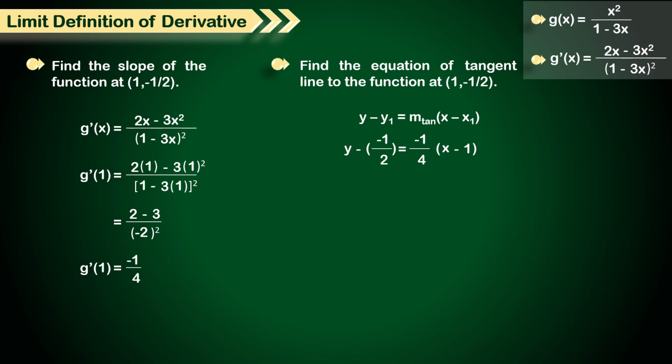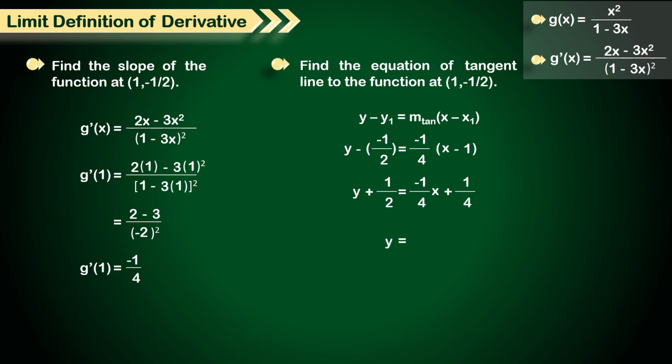Simplify. y plus 1 half is equal to... distribute negative 1/4 to each term of x minus 1, and is equal to negative 1/4 x plus 1/4.